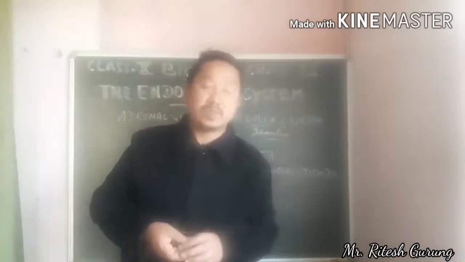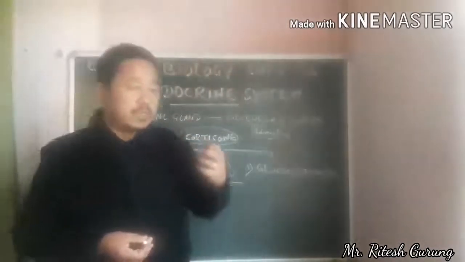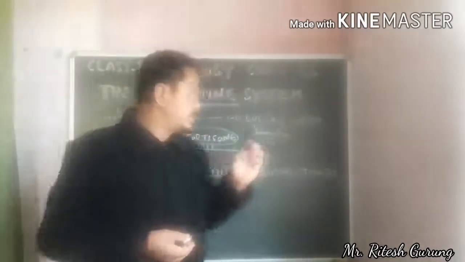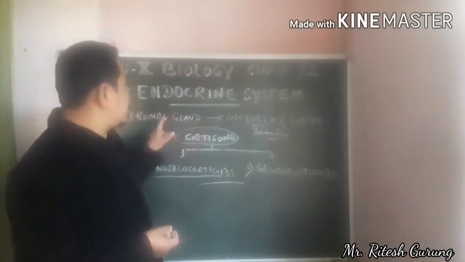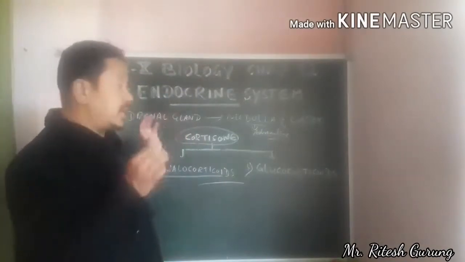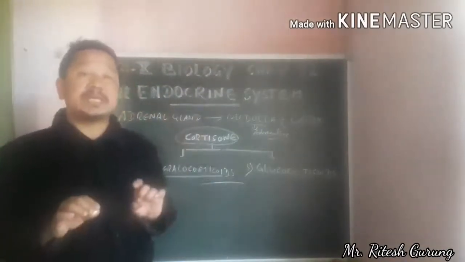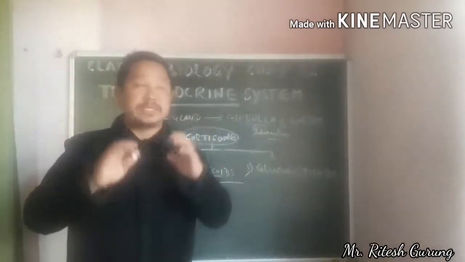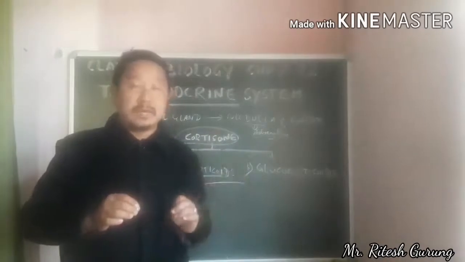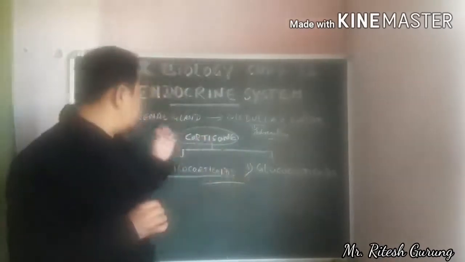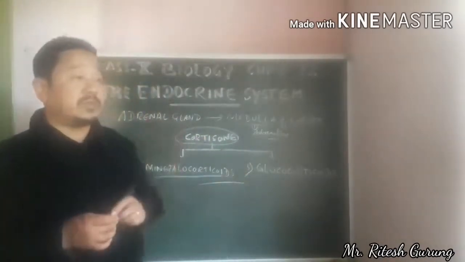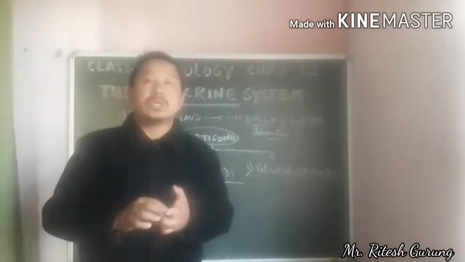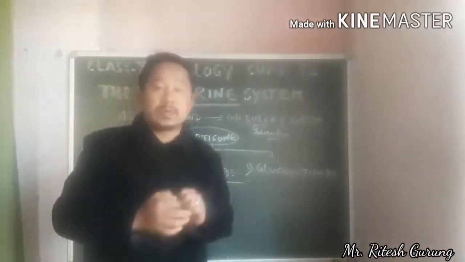Sometimes what happens is that this cortical region, this adrenal cortex, this part of the adrenal gland, as I told you, this gland is there on the kidney, right on the top of the kidney. There is a cap-like structure called the adrenal gland. So sometimes the cortex region of this adrenal gland grows more than its normal size.